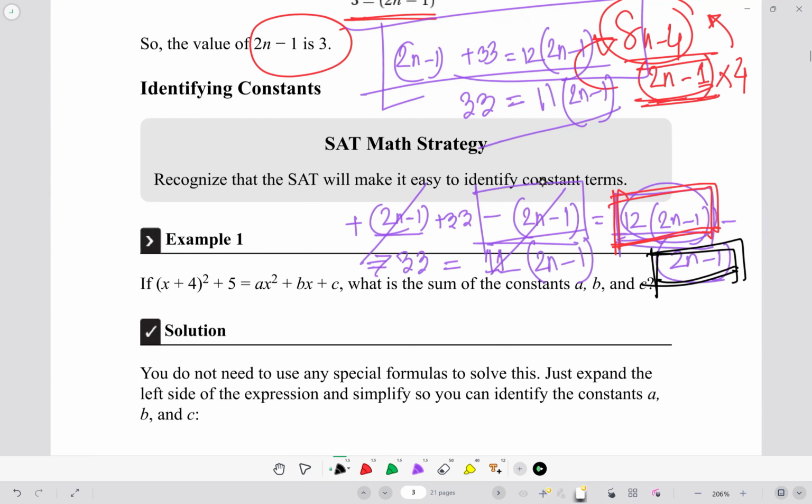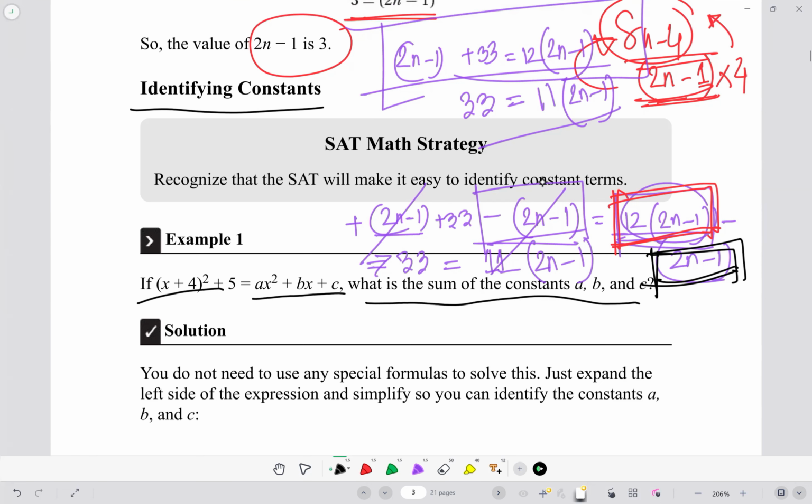Okay, so identifying constant problems. If (x plus 4) whole squared plus 5 equals x squared plus bx plus c, what is the sum of the constants a, b, and c?